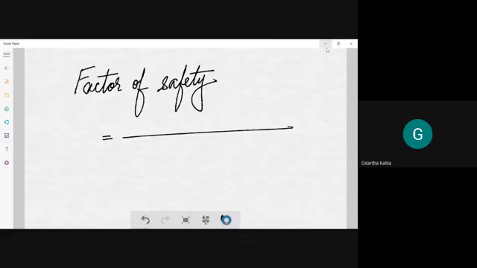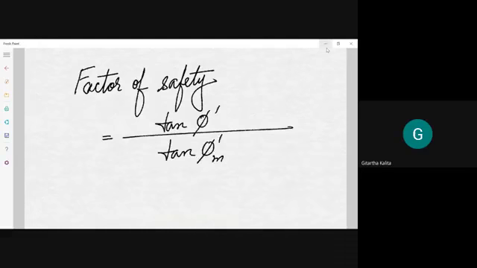full capacity by mobilized value. Okay, so full capacity is what? In this case, it will be phi dash, and mobilized will be phi dash m. Means what? If this is the slope, suppose this is 24 presently, and phi dash is 35 degree.